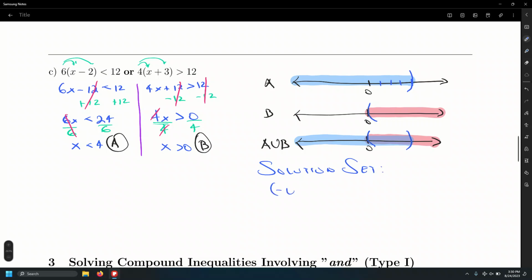That's simply going to be negative infinity to positive infinity. And using set builder notation, x such that x belongs to the set of all real numbers. All right? And these are some examples of solving inequalities that involve the OR statement, for which we look for the union of two sets.